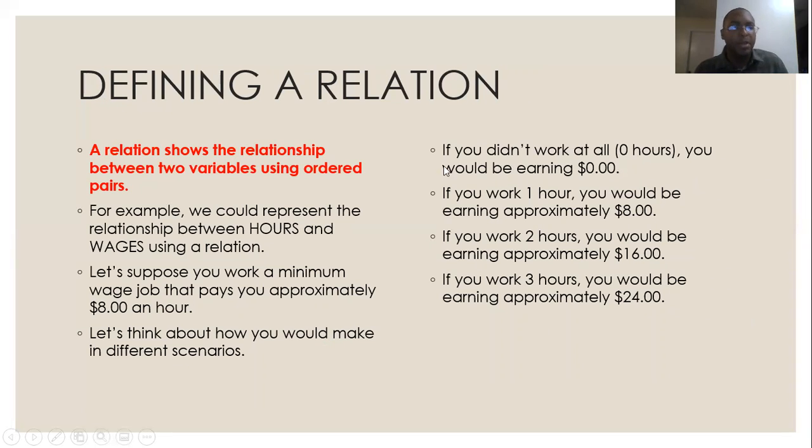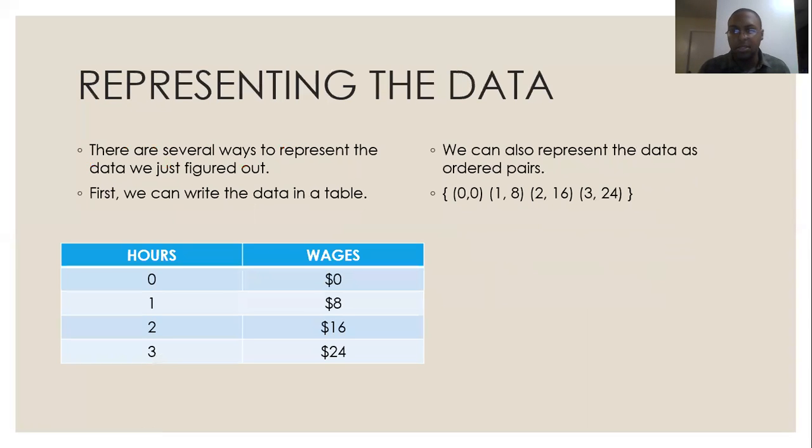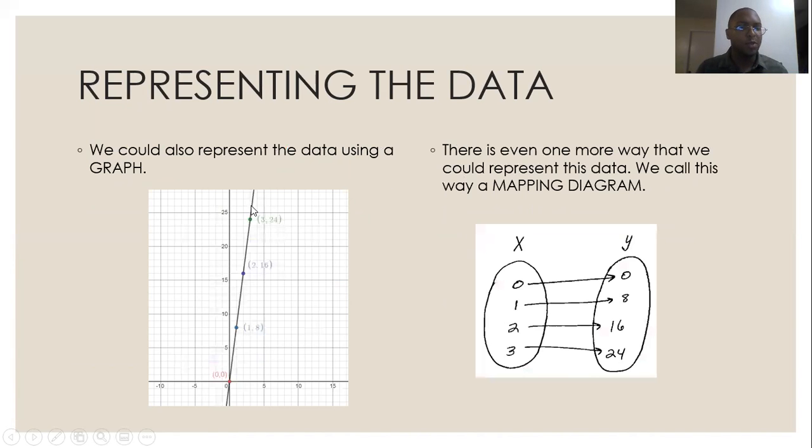You know basically how making $8 an hour works. You've lived it, essentially. We could write it as a table. You could write it as ordered pairs. You could write it as a graph, which we've done before. We've done all 3 of those things, right? And you could write it as a mapping diagram. Those are 4 different ways of basically writing data out.